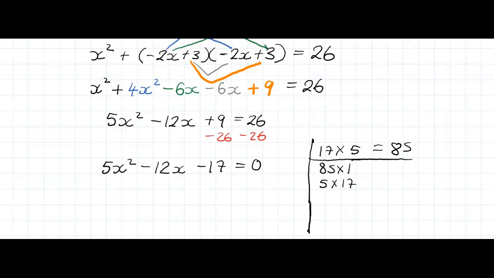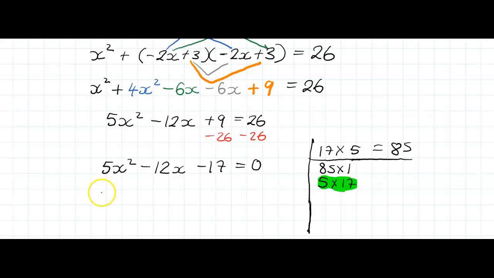So we have to use 2 of those numbers to give us back 12. So if we have minus 12, plus 5 and minus 17 will give us minus 12. So these are the ones we're going to use.